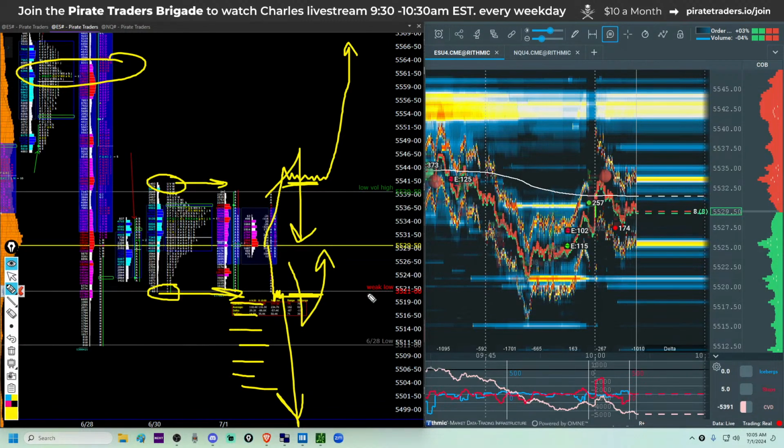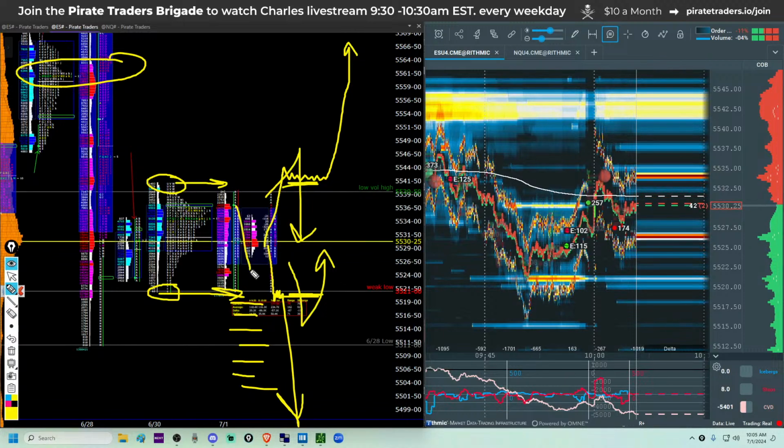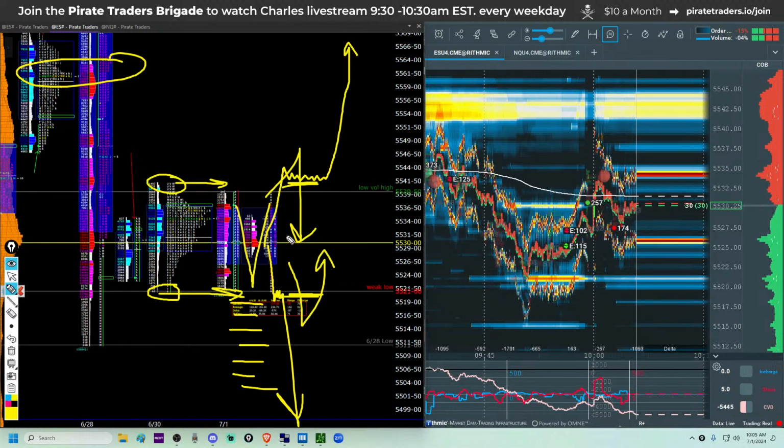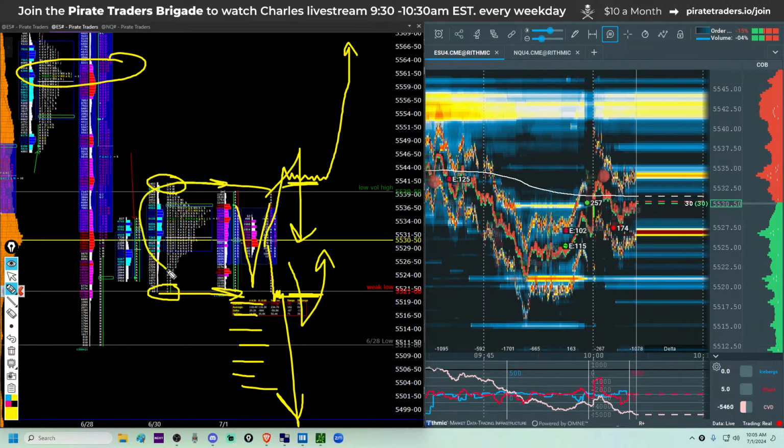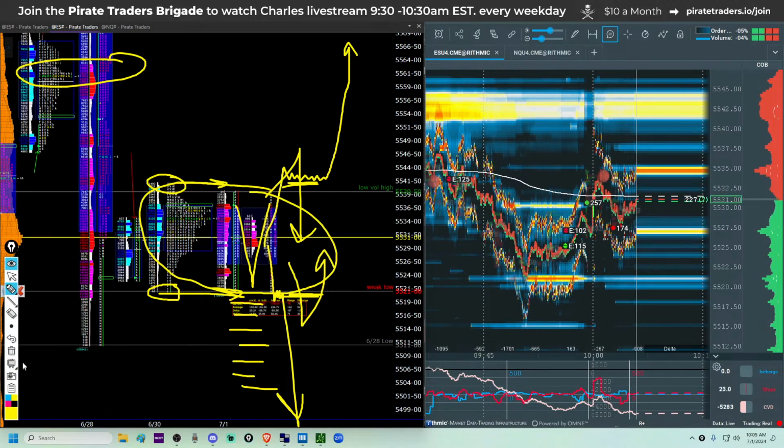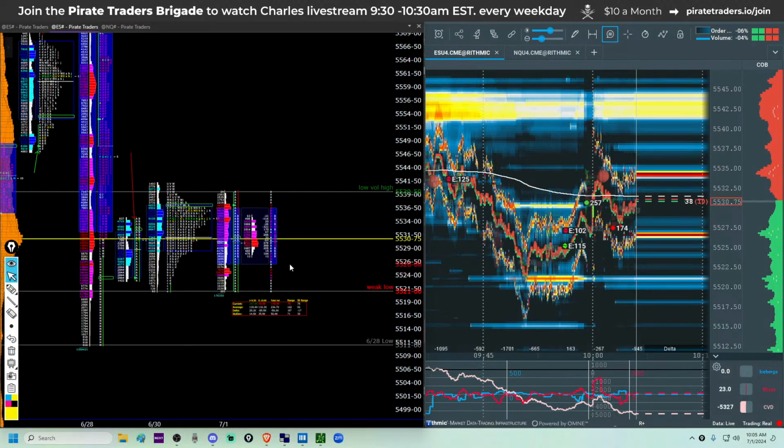It's giving us chop. It's giving us grind. It's trying to get as many people long as it can and then stop them out. Get as many people short as they can and then stop them out. And it will keep doing that as long as the market stays inside this overnight range. It's a chop zone and they are chopping it up.